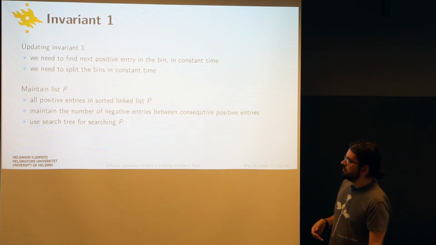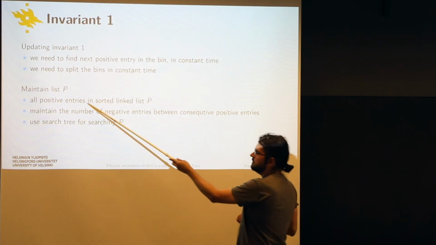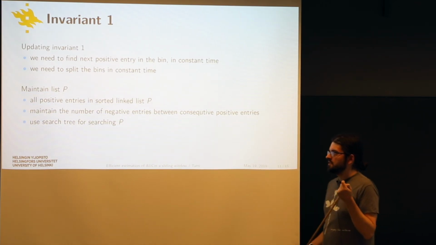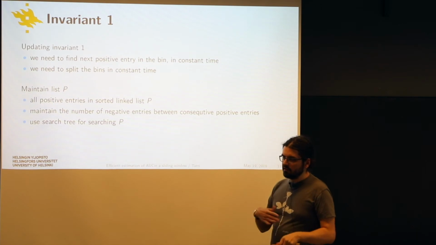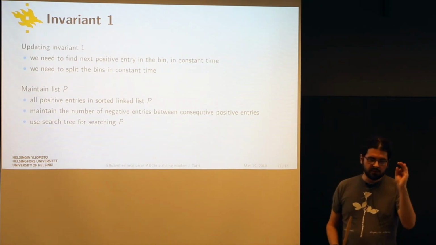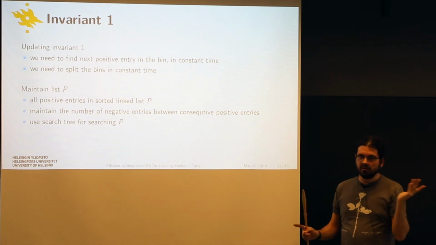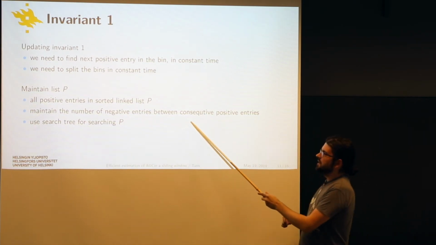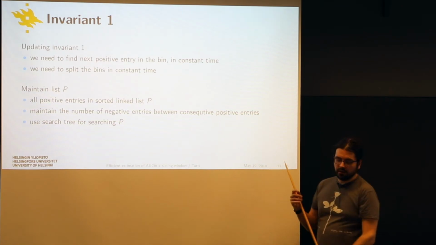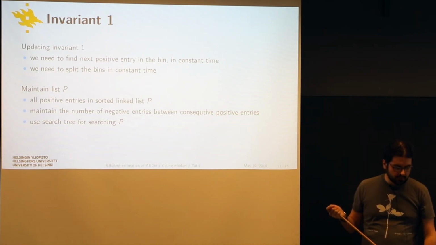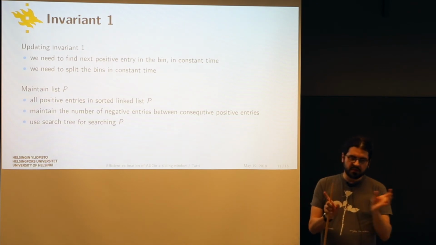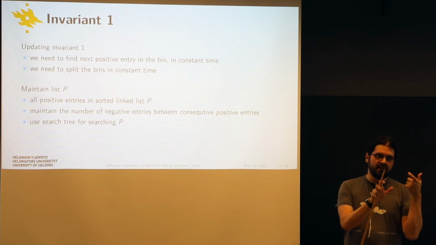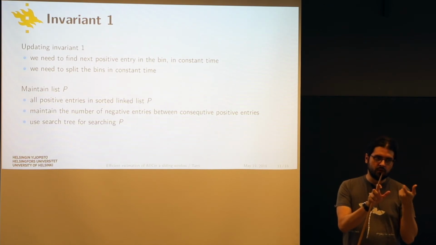For that, you maintain a list. I just call it P here, capital P. This consists of all positive entries in a sorted linked list. So if you are at one particular value, you know the next one, which gives you constant time to find it. You need to maintain the number of negative entries between consecutive positive entries, because when you do a split, you need to know how many negative entries are in that bin so that you can get the width of the new bins.